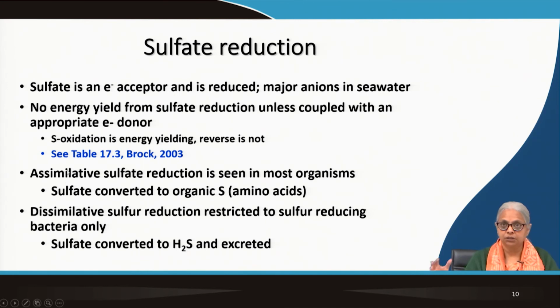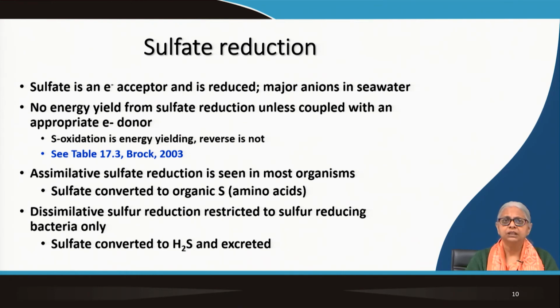So assimilation into the organic biomass of the organism is what we call assimilative sulfate reduction, and that is common in almost all organisms, whether they are microorganisms or higher organisms. This sulfate is converted to organic sulfur, and you know that organic sulfur is present in at least two amino acids, cysteine and methionine.